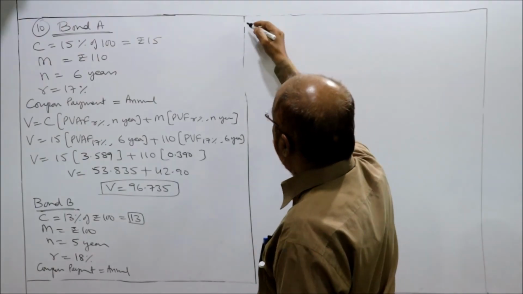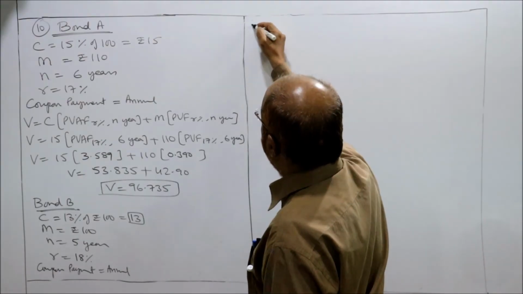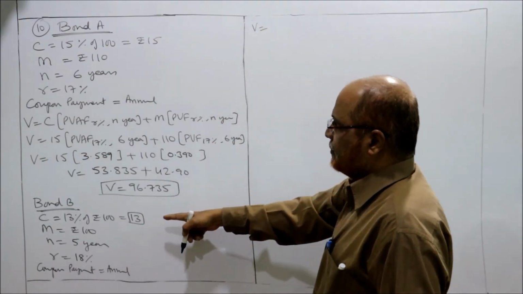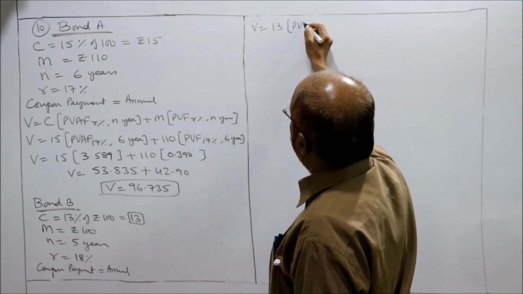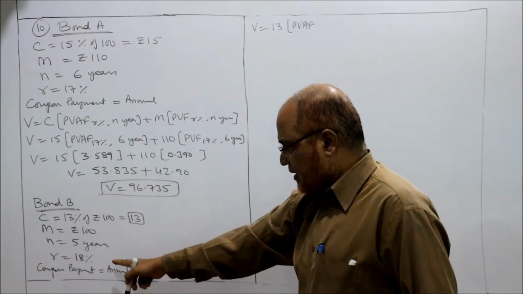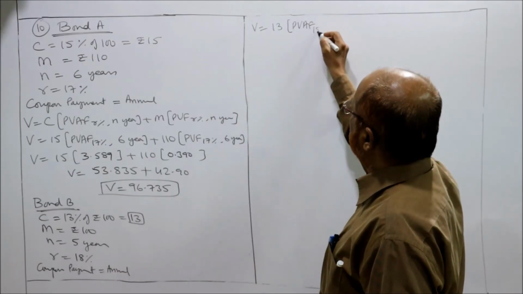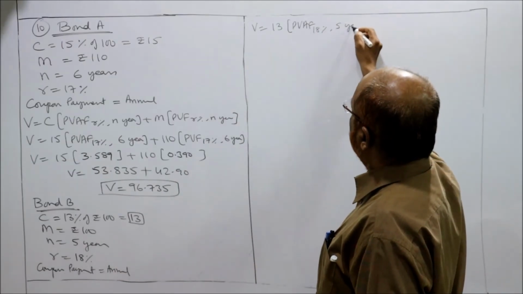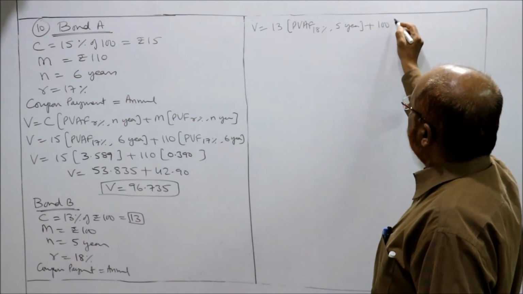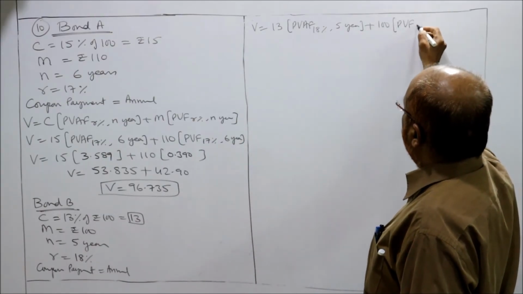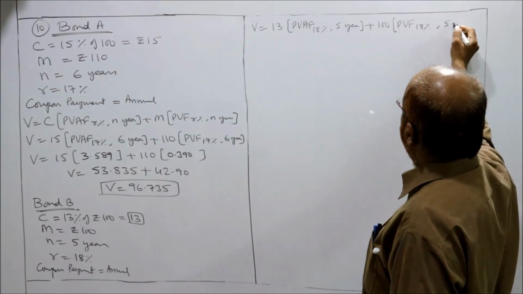Now we substitute the values in the formula. V is equal to C 13, PVAF required rate of return 18%, 5 years, plus redemption price 100, PVF 18%, 5 years.